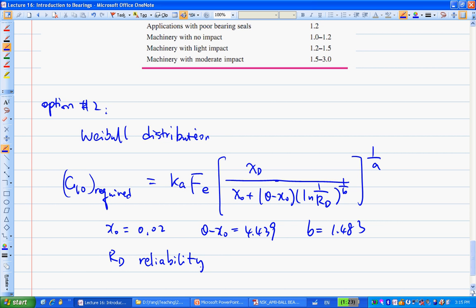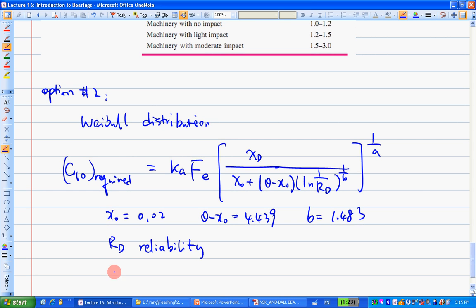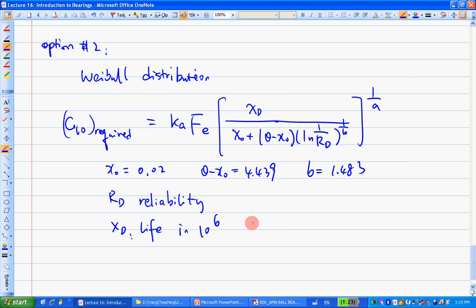And XD is the life. XD is the life in 10 to the power 6. So basically, this is the desired life divided by L10. So L over L10. How much life do you need, divided by 10 to the power 6? That's the XD.